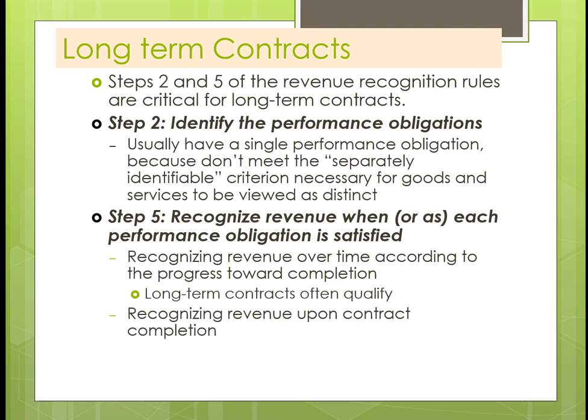So, you may have only one performance obligation, but what helps you is Step 5, which means you have to recognize the revenue when each performance obligation is satisfied. So, recognizing revenue over time according to the progress toward completion. Long-term contracts qualify. Recognizing revenue upon completion, which is if you don't meet the criteria.